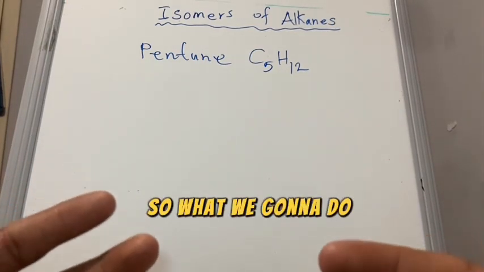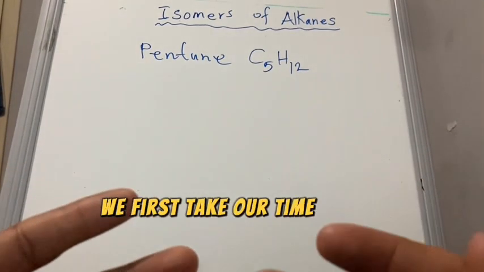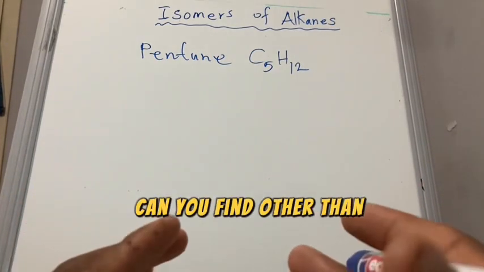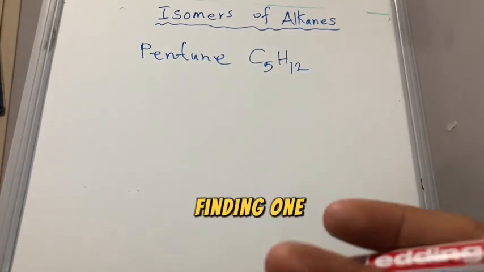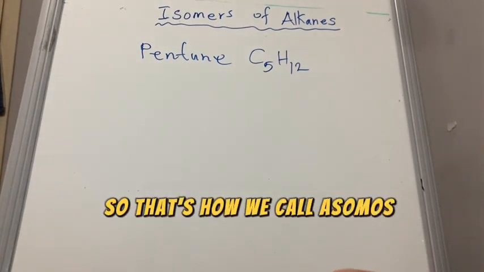The first thing we're going to do is take our time to draw the different chemical structures you can find, other than finding one from the other. That's what we call isomers.